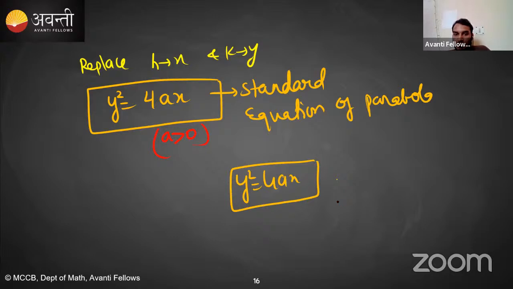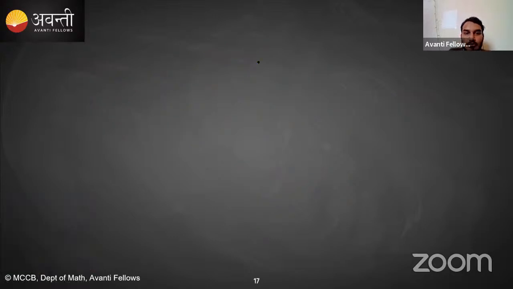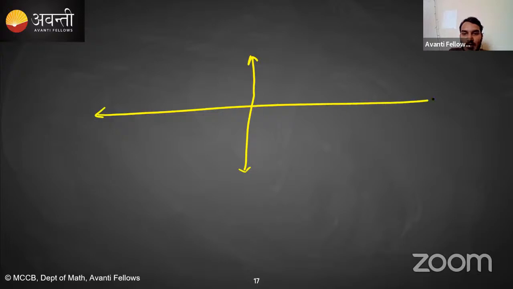Now first let me tell you how to plot the graph of this. Everybody knows the graph of a quadratic equation, right? Whenever I write y equal to x square plus 2x plus 1, everybody knows how to plot this, yes or no? Similarly, the graph of the parabola is nothing but a quadratic, but here instead of a quadratic in x, we have a quadratic in y.